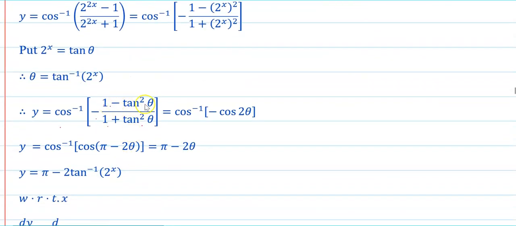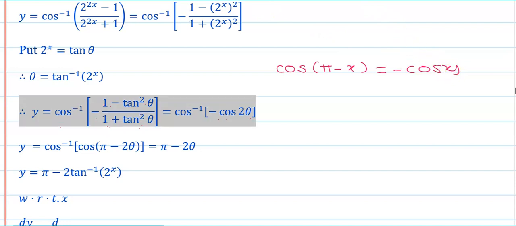Similarly here, 1 minus tan square theta upon 1 plus tan square theta is cos of 2 times theta, but it has a minus sign, and hence we can absorb this minus sign by using one more result: cos of pi minus x is equal to minus cos x.